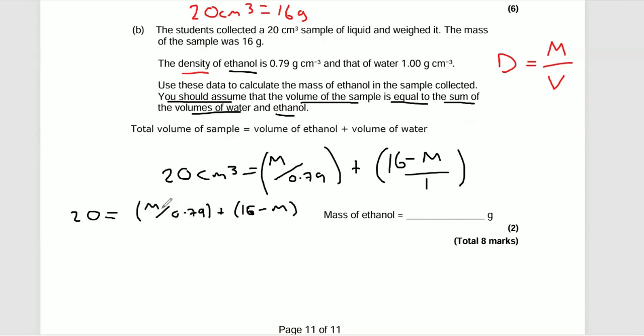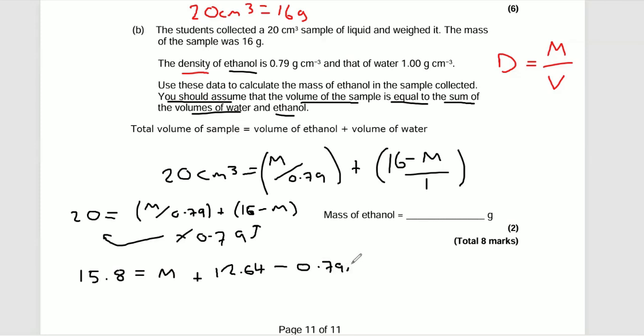We just need to simplify this. So we're going to times both sides by 0.79. Some people like to do this as a complex fraction or whatever, but I'm just keeping it as decimals. So we times both sides by 0.79, and I get 15.8 is equal to M plus 0.79 times 16, which is 12.64, minus 0.79 M. Now what I want to do is simplify by adding my M's together.